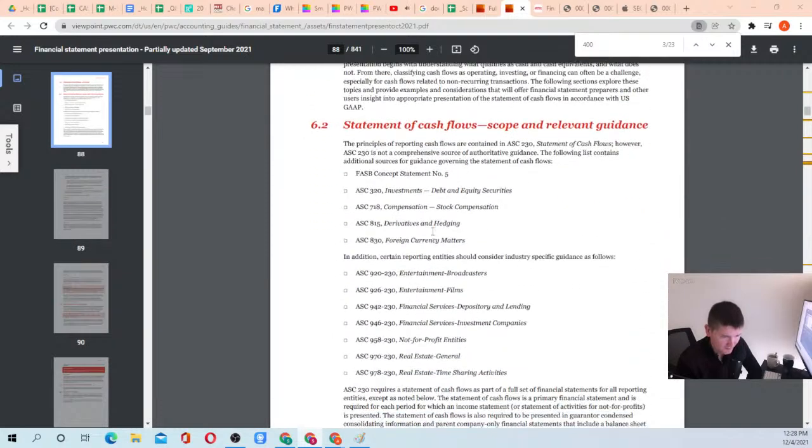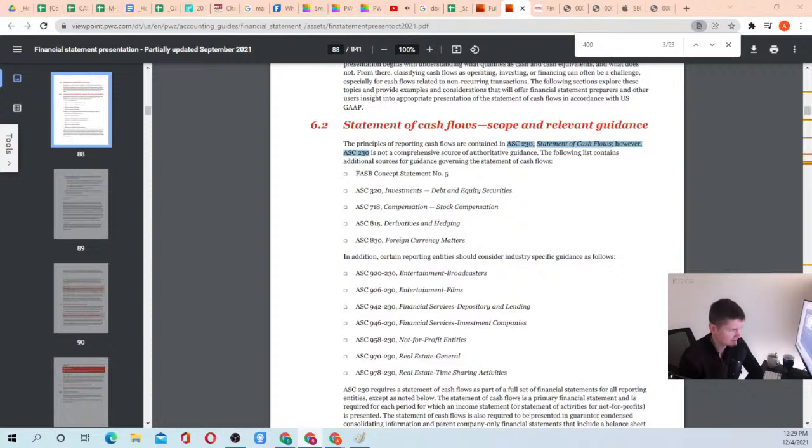let's see. So for your question, you need to look at that paragraph. And the main source of guidance is ASC 230. ASC 230 does not prescribe the exact look and the items included in your cash flow statement. It just says that you need to show operating, investing, and financing activities.